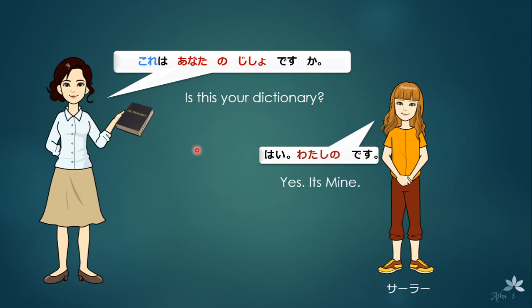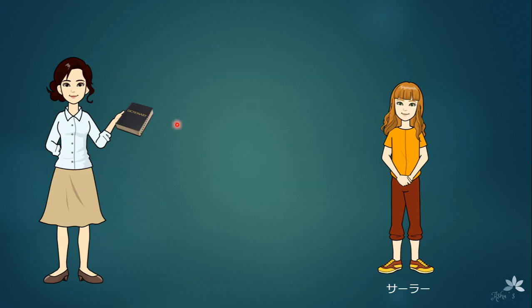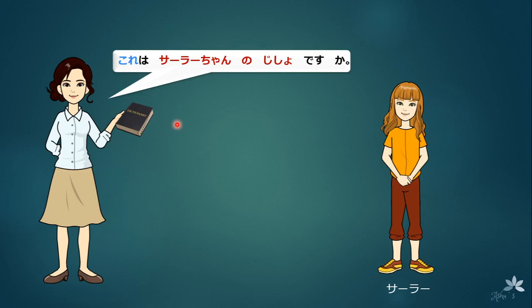In Japanese, saying anata to someone, using the word you, is considered rude. Instead, they refer to the person's name and ask. So the same question will be more polite in this way. これはサラちゃんの辞書ですか?